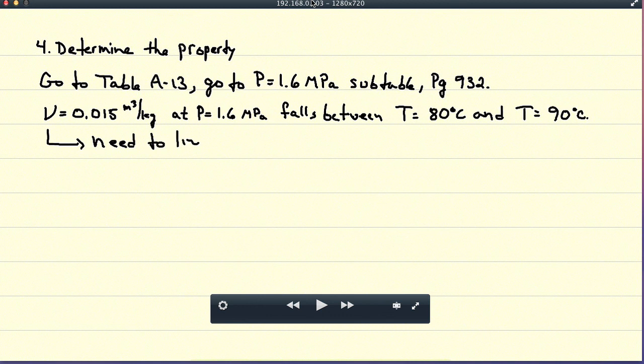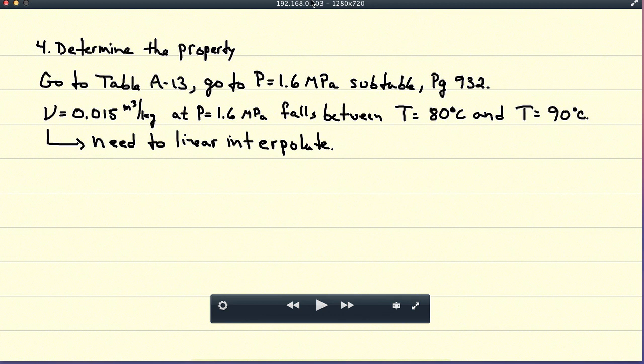What is the basic idea of linear interpolation? Let me draw a diagram here and show you what we're actually doing.